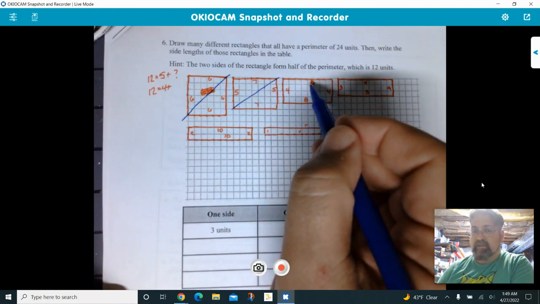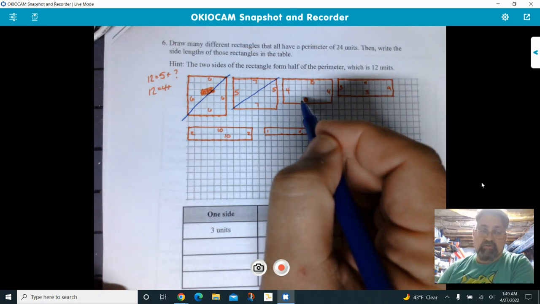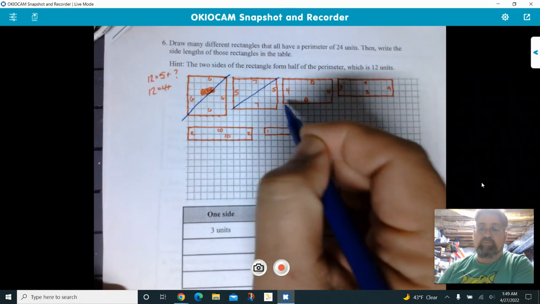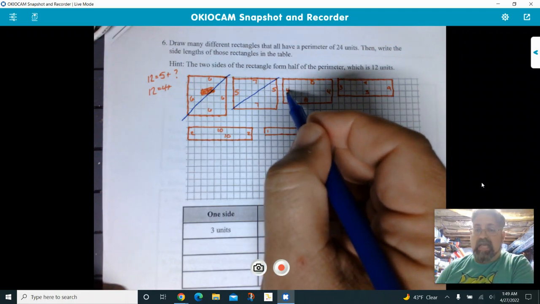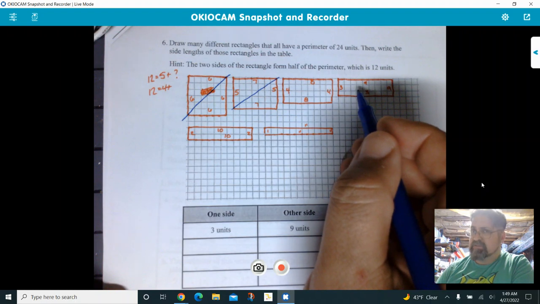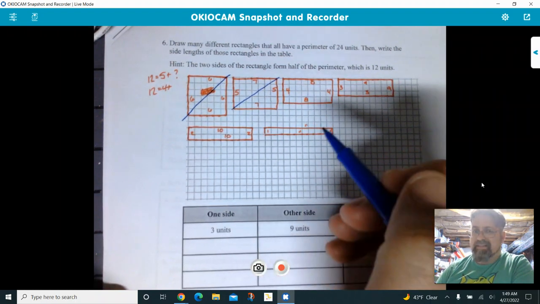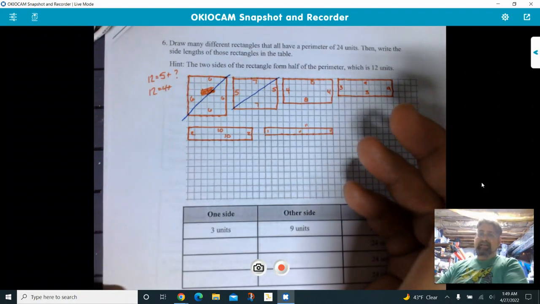You get 4 and 8. 4 plus 8 is 12, plus 4 plus 8 is another 12. Makes 24. A perimeter of 24. Shrink that down one more, increase that one. 3 and 9. Still works. 2 and 10. 1 and 11. Yeah, it all goes.